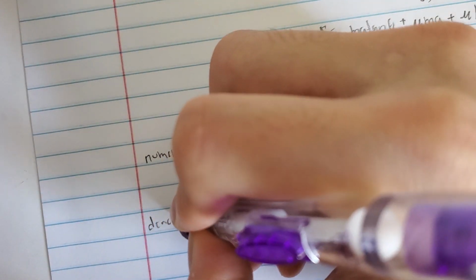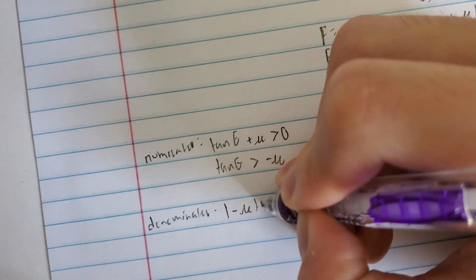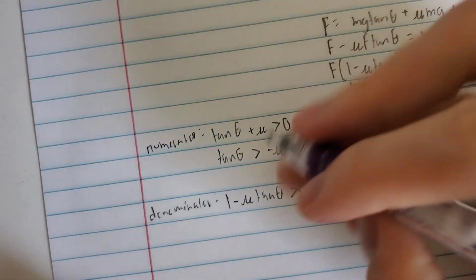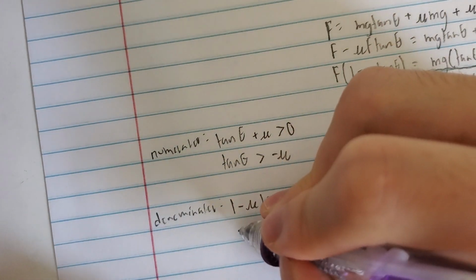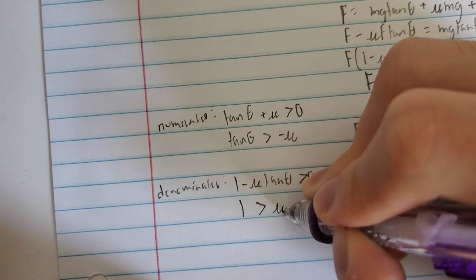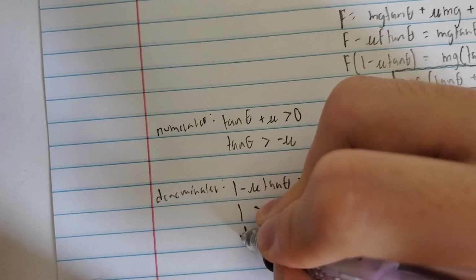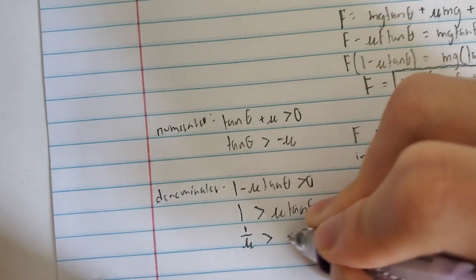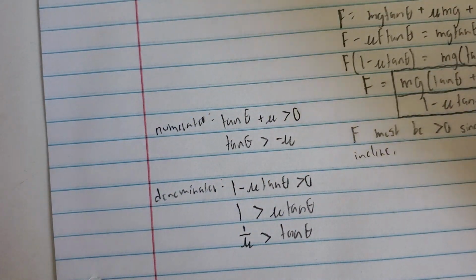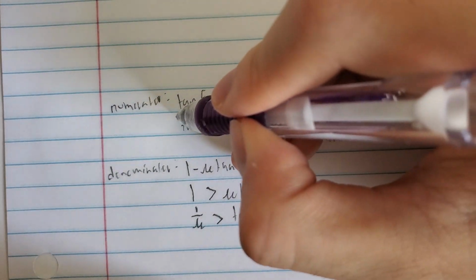So denominator: 1 minus mu tan theta must be greater than 0. I'm going to add mu tan theta to this side, so 1 is greater than mu tan theta. I'm going to divide mu over, so 1 over mu is going to be greater than tan theta. So this is another relationship that mu and theta must have. Okay, so these are the conditions right here.